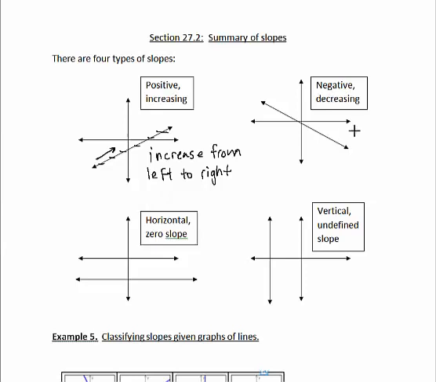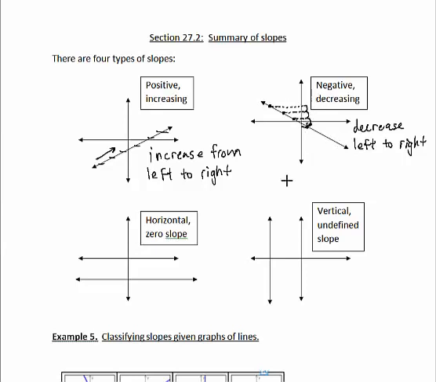A negative slope decreases, again, from left to right. And so as we track our way across the line, going from left to right, each step to the right results in a y that goes down.